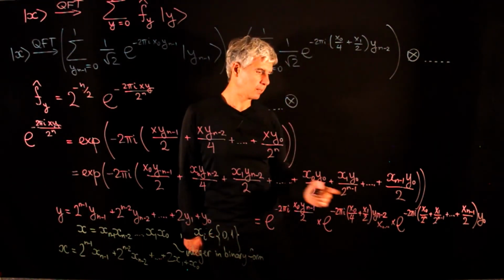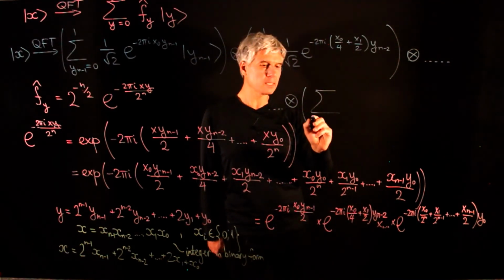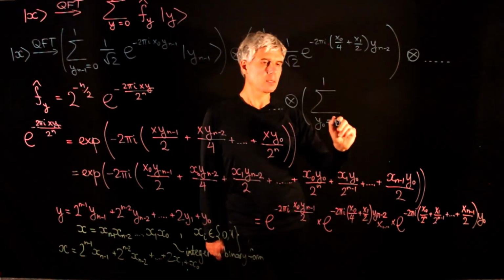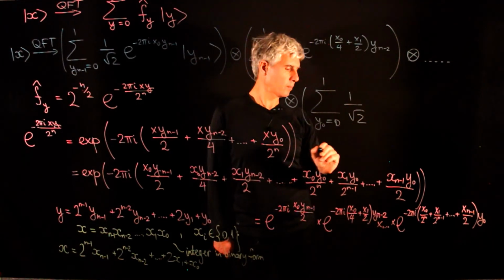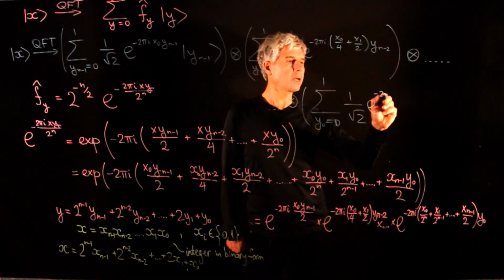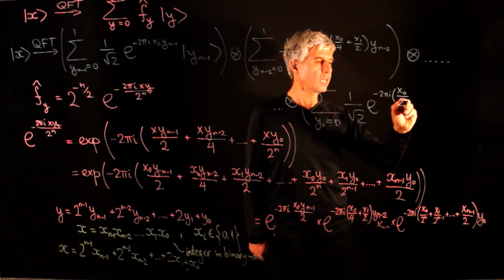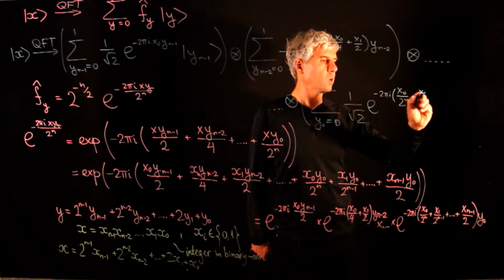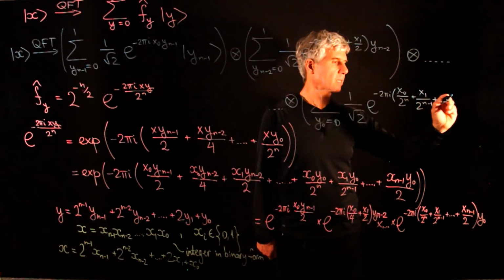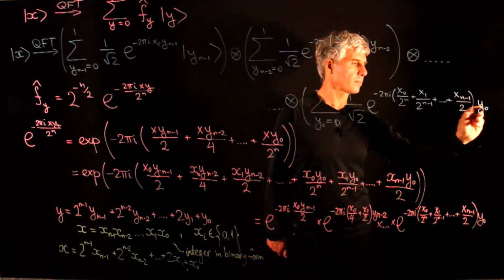And the last tensor factor will be the sum where y0 goes from 0 to 1. We have 1 over square root of 2. And here we have e to the minus 2 pi i, and so here we have x0 over 2 to the n plus x1 over 2 to the n minus 1 plus x_{n-1} over 2 times y0.